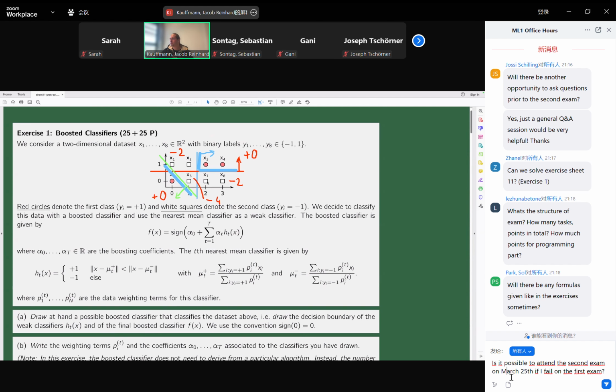What is the structure of the exam? How many tasks, points in total? How many points for the programming part? Okay, so for the structure of the exam, I can recommend you look at the older exams, you can find some on Freitagsrunde.